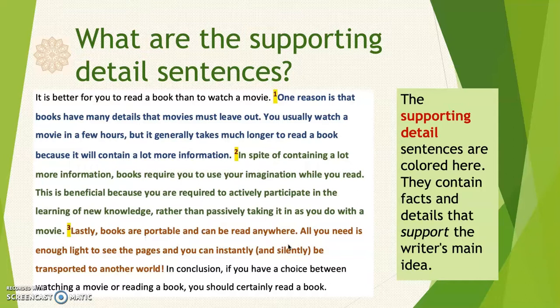And then these 2 sentences go together too. Here it says that books are portable, and then it says all you need is enough light and you can instantly be transported. So you can see that these 2 sentences are the last supporting detail that the writer gives.